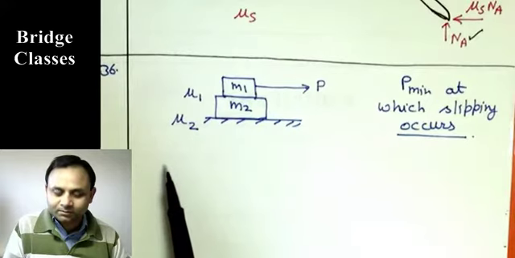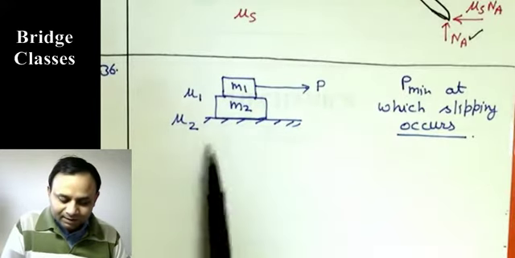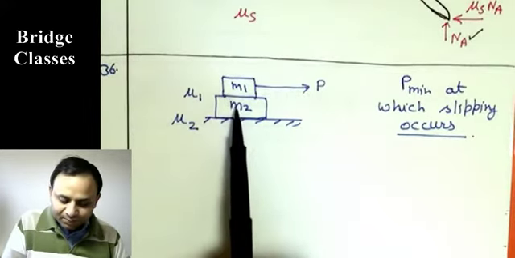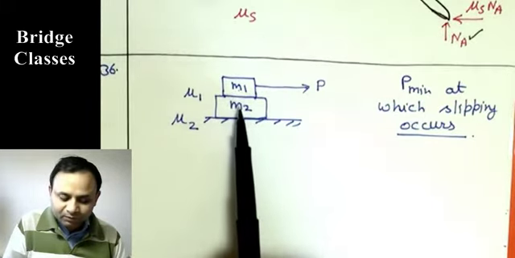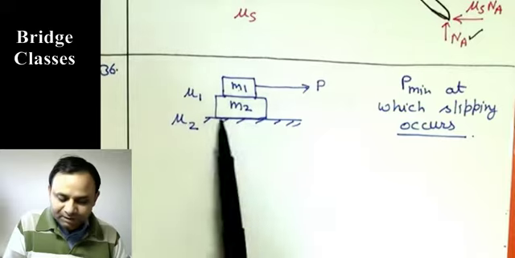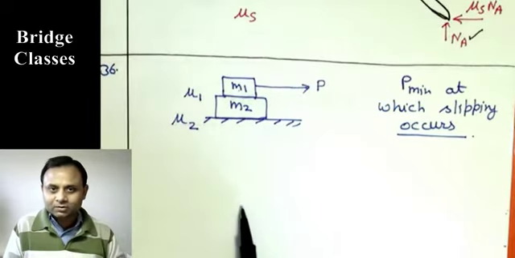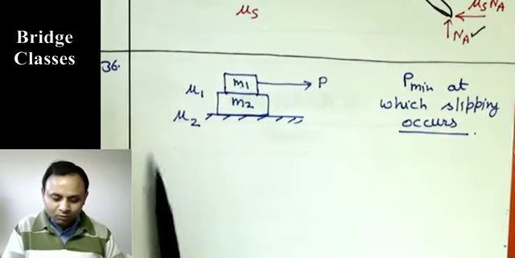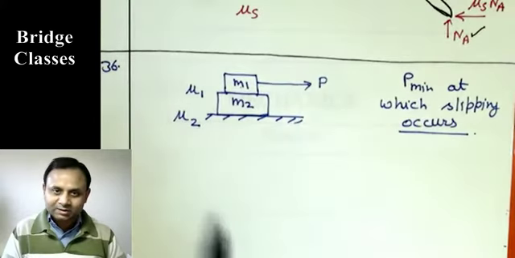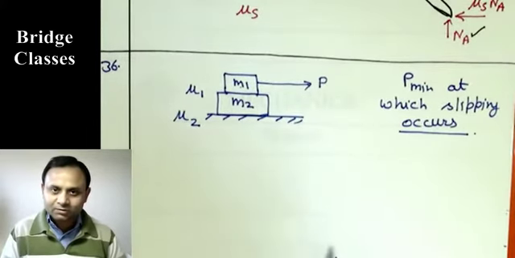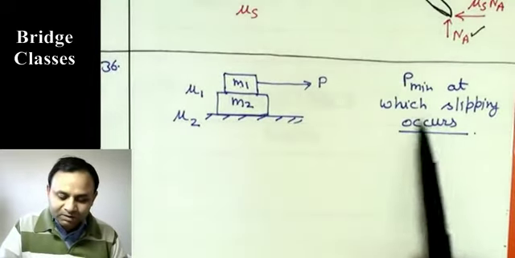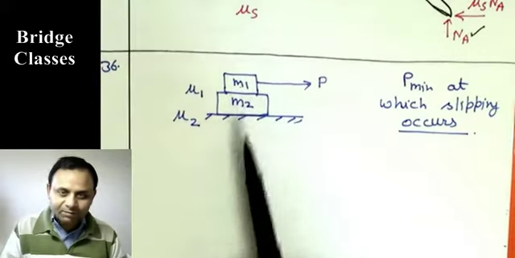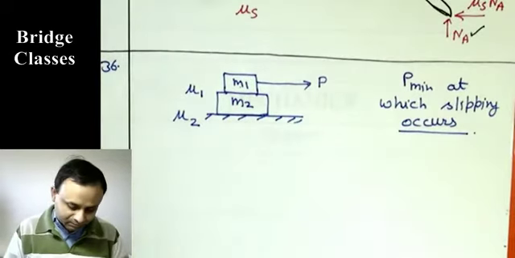The other scenario is that M1 and M2 start to move together, so there is no slipping between 1 and 2, but it slips at the surface. There are two scenarios. I'm not going to solve this problem with numbers, but just going to formulate it. In a real situation, you might be given numbers, and then you'll have to consider both scenarios, and the minimum P at which slipping occurs will be the minimum you get by considering both of these scenarios.